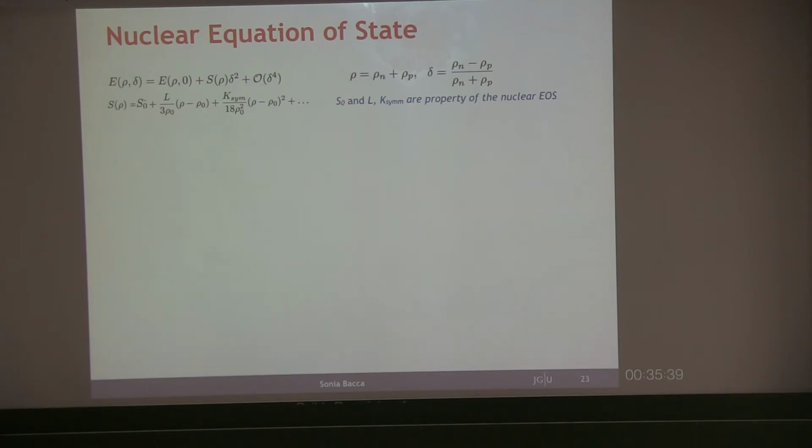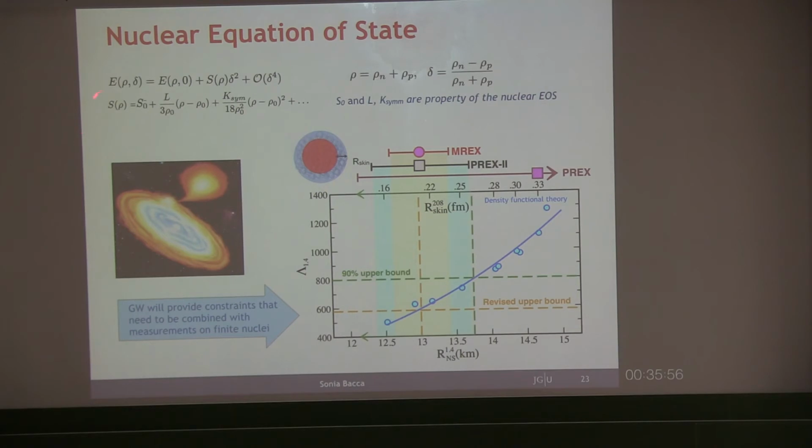And you introduce some parameters, which determine if an equation of state is soft or hard, which eventually also has impact on whether a neutron star can exist with a large radius or a small radius. So the gravitational waves will provide us with stringent constraints on these properties. But this is not the only way to do that.